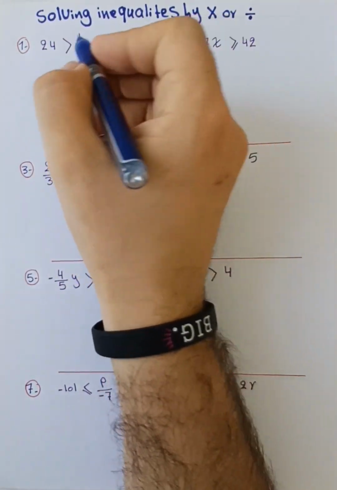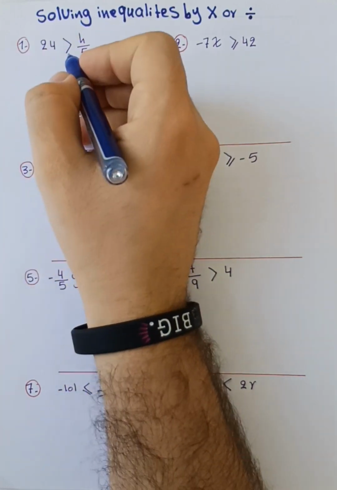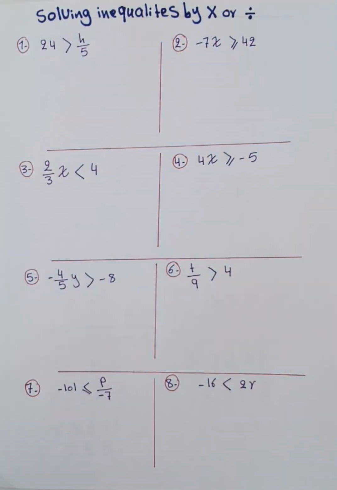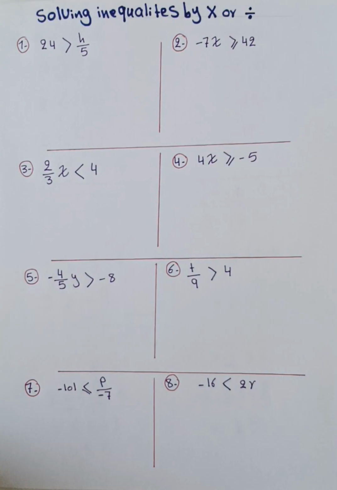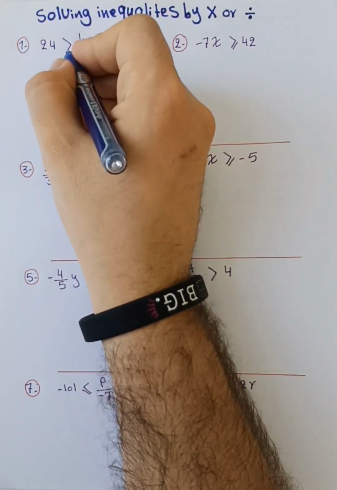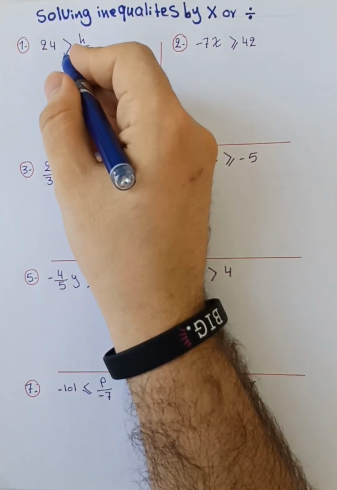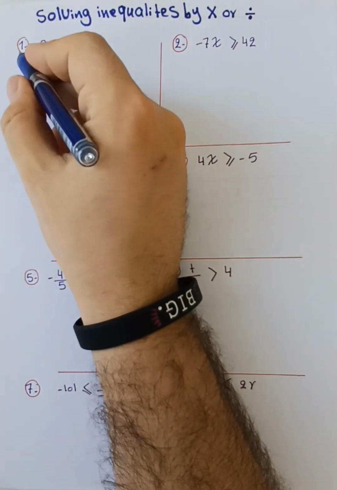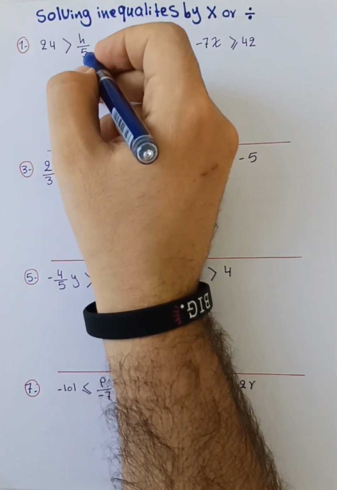It means when we have greater than and we divide or multiply this inequality by a negative number, the greater than becomes less than, or when we have less than it becomes greater than. So example number 1, we have 24 greater than h divided by 5.